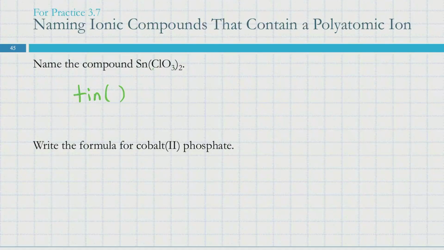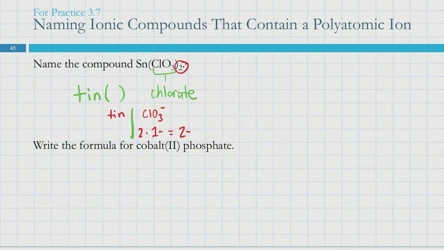ClO3 is chlorate. What charge does chlorate have? So we can figure out our tin charge. Yeah, it's a 1 minus, and we've got two of them. So we've got a total of a 2 negative charge. And to balance that out, we've got one tin.